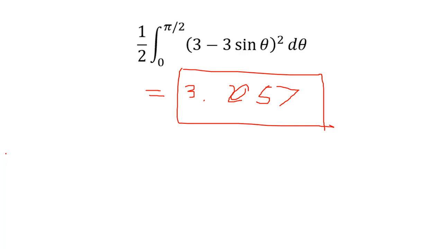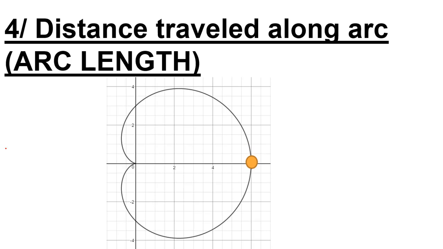Let's look at the next one, the distance traveled along the arc, or arc length. What does it mean and what does it look like? So here is the graph. This is the particle, and the particle travels through this.